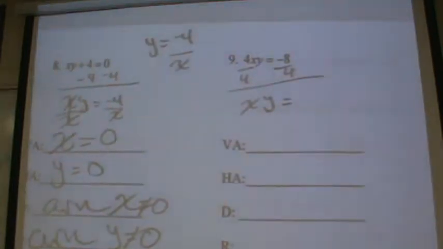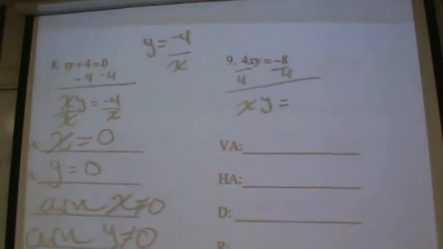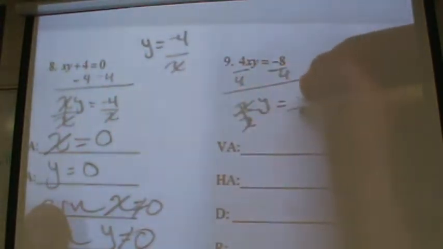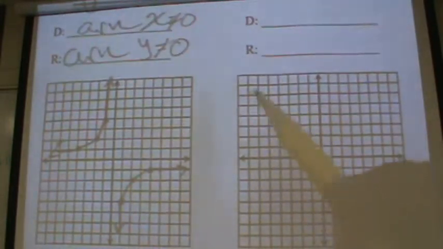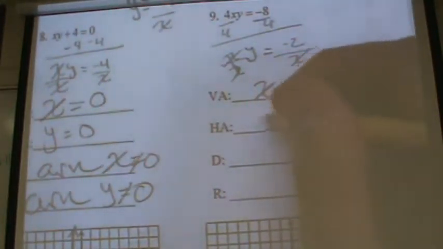Okay, so this one, we're going to divide by 4. What's another way to say -8 over 4? -2. Same as the others, divide by x. -2 over x. Just like the other ones, where the numerator is negative, quadrants 2 and 4. x is going to equal 0, creating a vertical asymptote. y is going to equal 0.